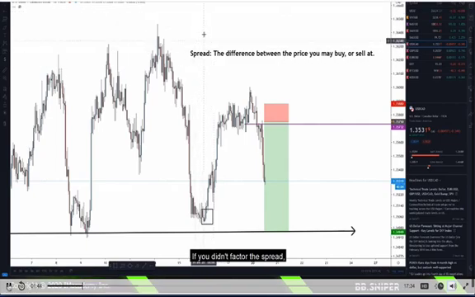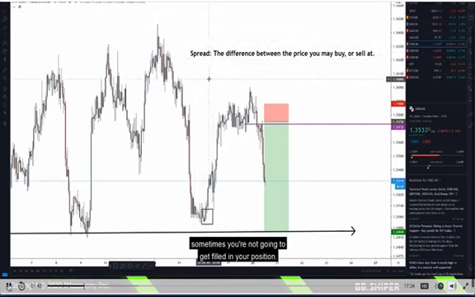If you didn't factor the spread, sometimes you're not going to get filled in your position.